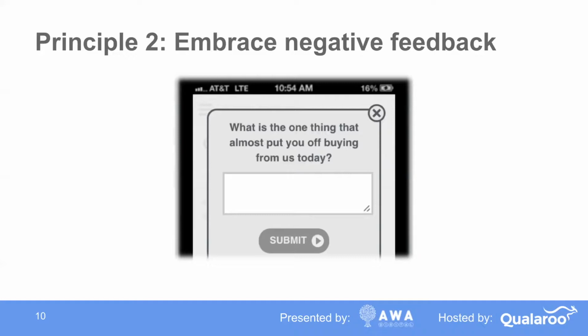But the broader point here is to solicit that negative feedback, to understand where things are going wrong, because that's the easy bit in optimization, is to understand where things aren't going that smoothly and then to simply iron them out.